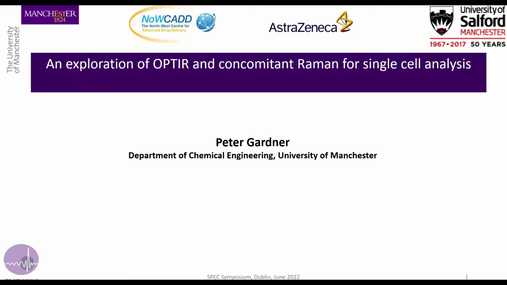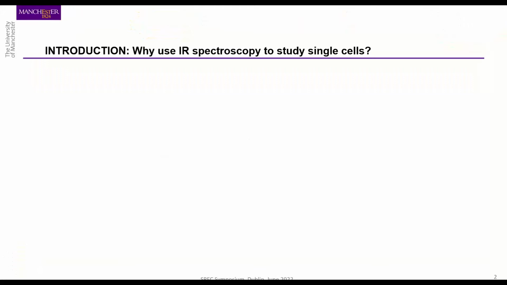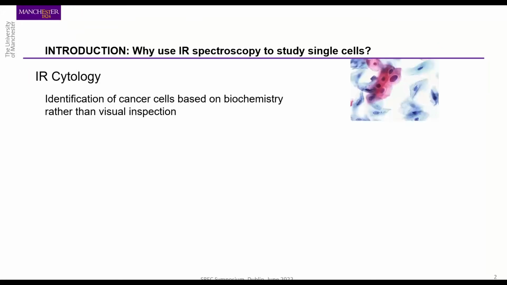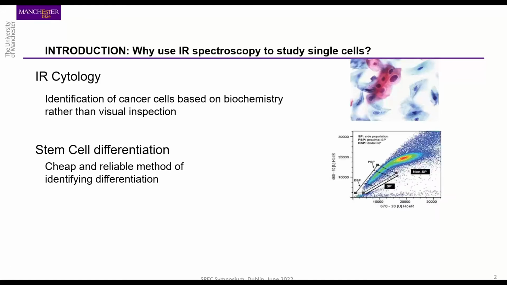So I'm really just going to continue the theme, and there's a little bit of overlap, but we were looking at OPTIR and concomitant Raman, single cell analysis. It's what we're interested in, so why are we studying single cells? For a wide range of reasons. Possibly infrared cytology. If we've got clinical samples, we can actually get quite a lot of information from them.